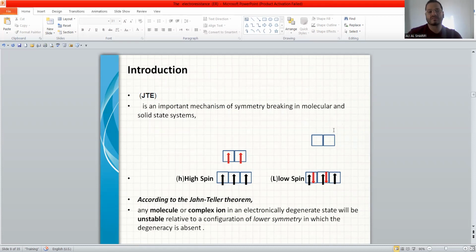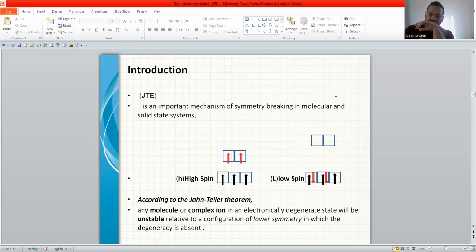Here, let's take another important note about the Jahn-Teller effect. All of you know what that means. It's an important mechanism of symmetry breaking of the molecular, that means not taking a scan from the surface. No, we will take another deeper look, deeper information by breaking the molecular or the solid state system.